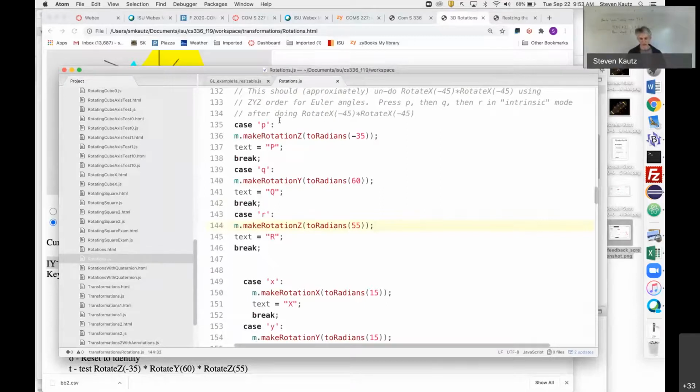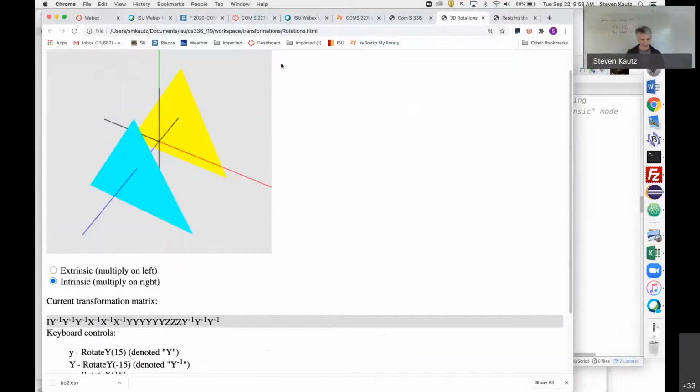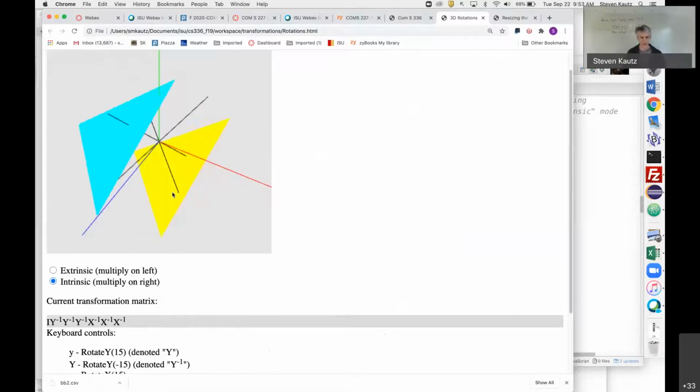So we should be able to make this happen if my estimates for these angles are at least approximately correct. I'm not claiming they're exact because I don't believe they are. But yeah, so what do we have? There is our standard configuration, and I claim I can undo it by doing those three rotations.